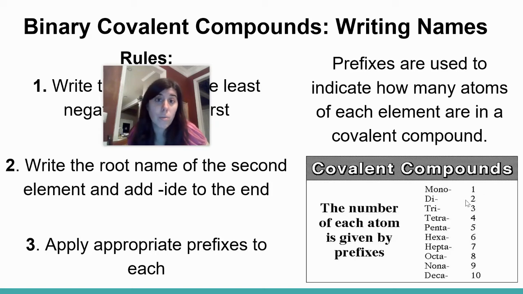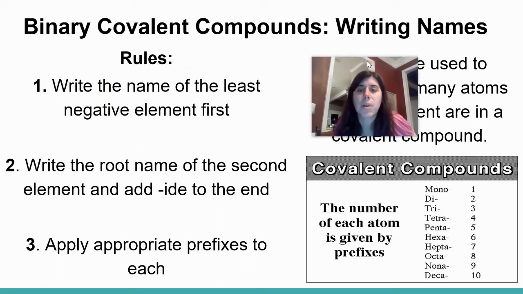Di means 2, like diagonal. Tri is 3, like tricycle. Tetra is 4. Penta is 5, like pentagon. Hexa is 6. Hepta means 7. Octa, like octagon, means 8. Nona means 9. And deca means 10. These are the prefixes we're going to be using to identify how many atoms there are in our compound. We're going to keep that chart handy as we go through these.